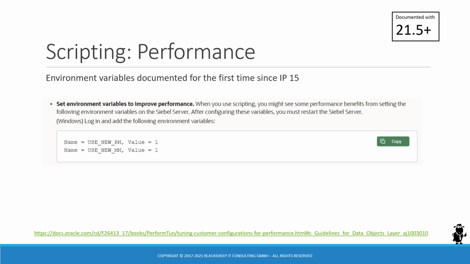These variables are not new. They have been around since IP15 or so, but they are documented in Bookshelf for the first time. So this is worth a note here, and maybe it can help improve scripting performance in some environments.